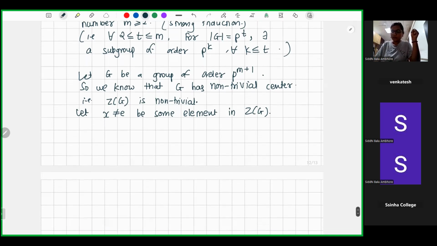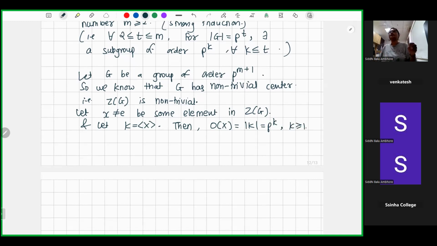And let K be the cyclic subgroup generated by this x. Okay, then the order of x, which is the cardinality of K, will be p^k for some k greater than or equal to 1, right?